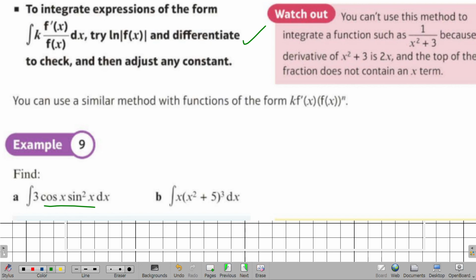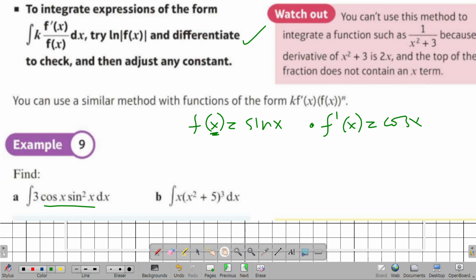But one thing that we can see is, if I call f of x equal to sine x, the derivative of f of x is cos x. So the arrangement that is here suits this pattern.